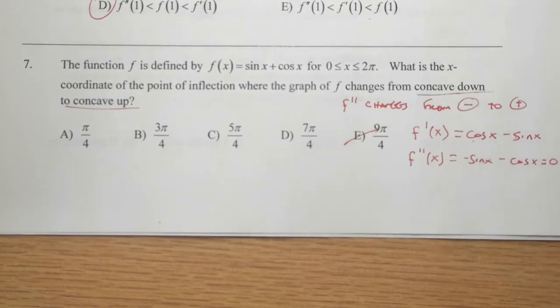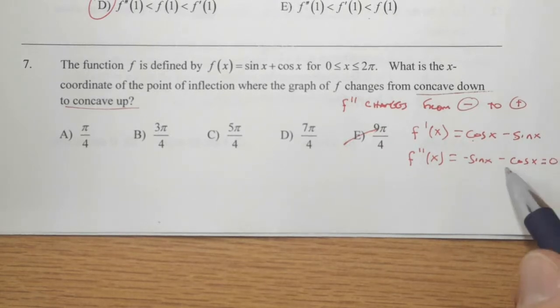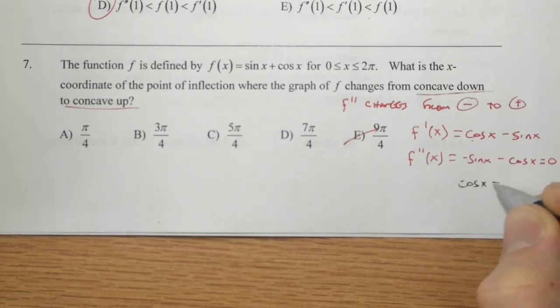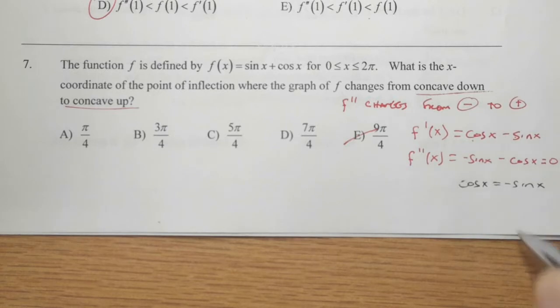All right, so what we're looking at here is quite complicated, trying to figure out what values this might work with. Perhaps if we change things up just slightly. What if we were to add cosine to both sides? So we end up having cosine x is equal to the opposite of the sine of x.